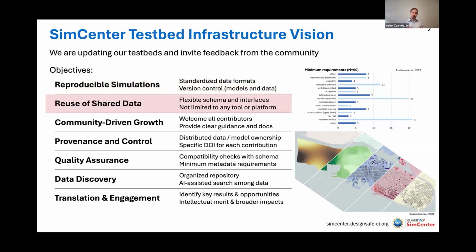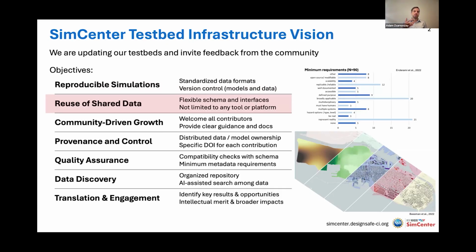Now, beyond running simulations again, it would be great if the data could be used for other things. So something that the original group didn't even intend or think about could come out from another context, from another group that picks up the data. In order to support that, we have to make sure that the data schema that we create are flexible enough to be extensible, to be used in a slightly different interface with a slightly different tool.